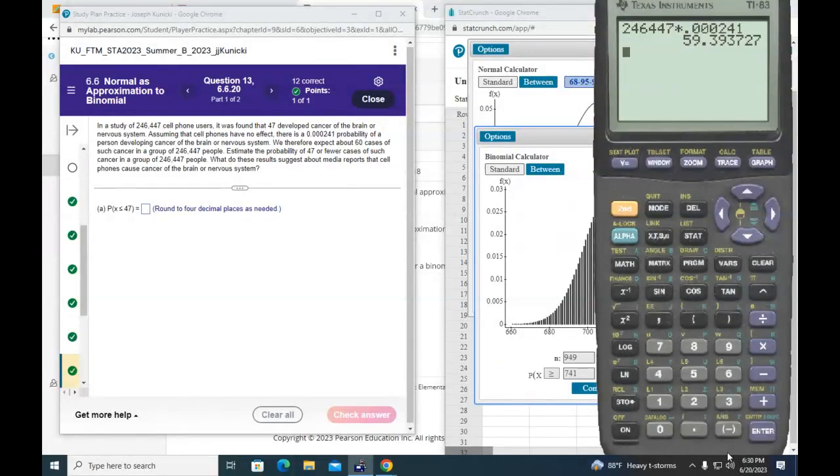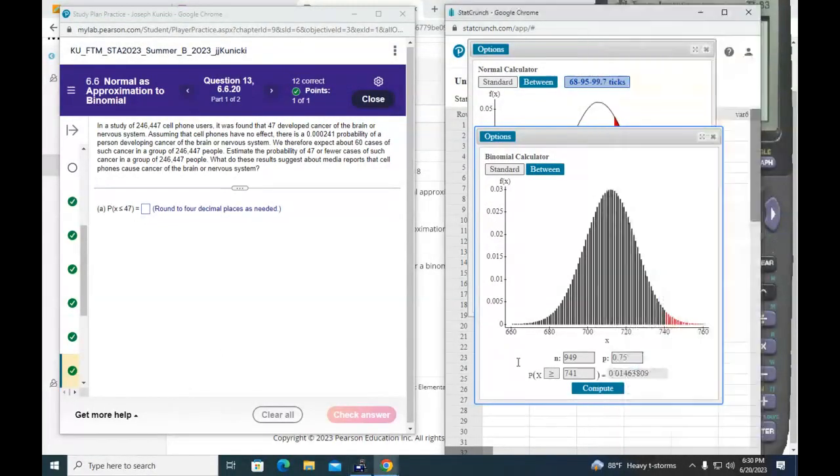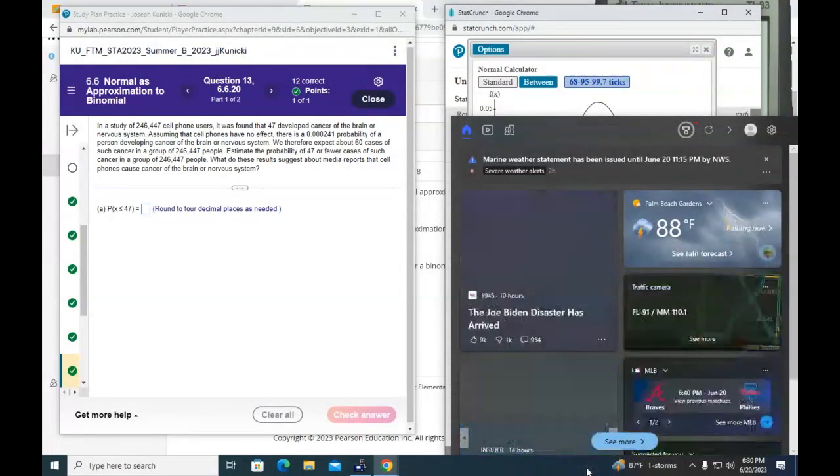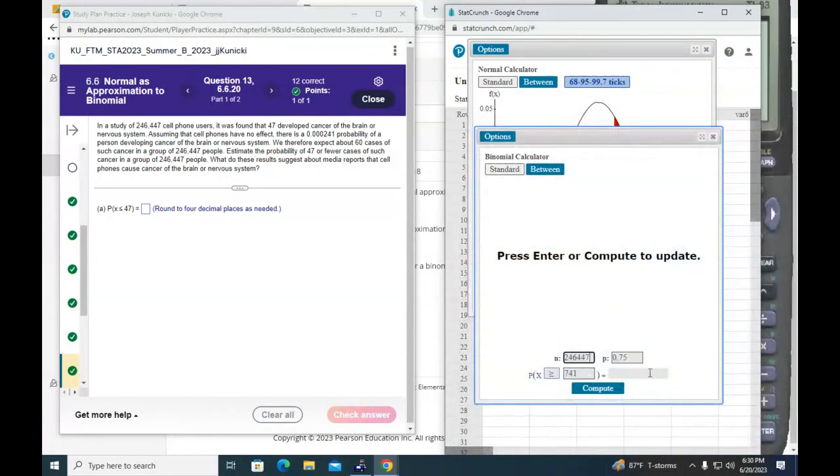Okay, so that's NP. It's greater than 5, so we know we could do the normal approximation, by the way. Anyway, we're gonna do the binomial straight up and see if it works. So we have N is 246,447.